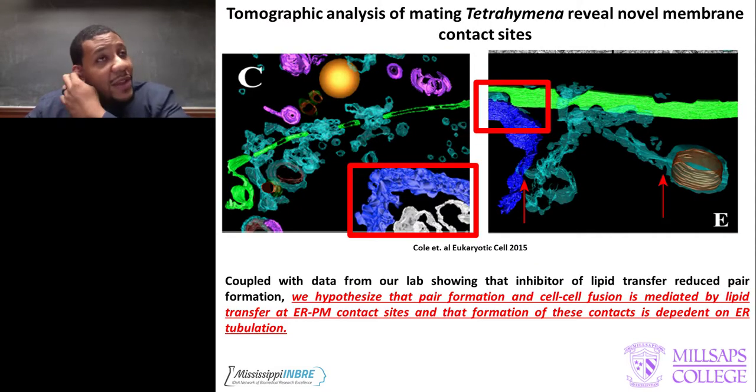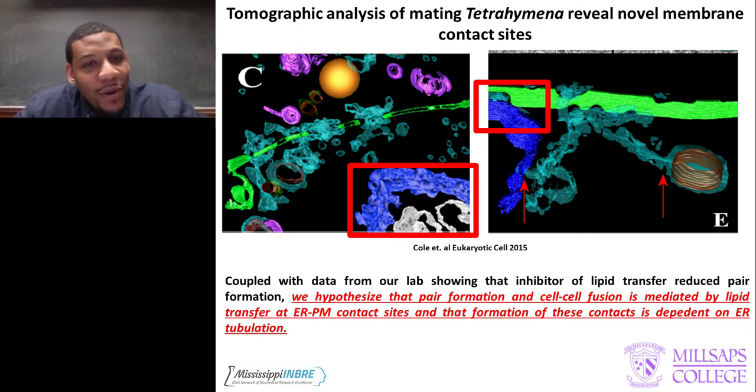So in 2015, in collaboration with Eric Cole's group at St. Olaf College in Minnesota, we conducted a study where we wanted to look at the membrane dynamics that occurred during mating, during conjugation in Tetrahymena. What you're looking at is an electron tomograph reconstruction of mating Tetrahymena.